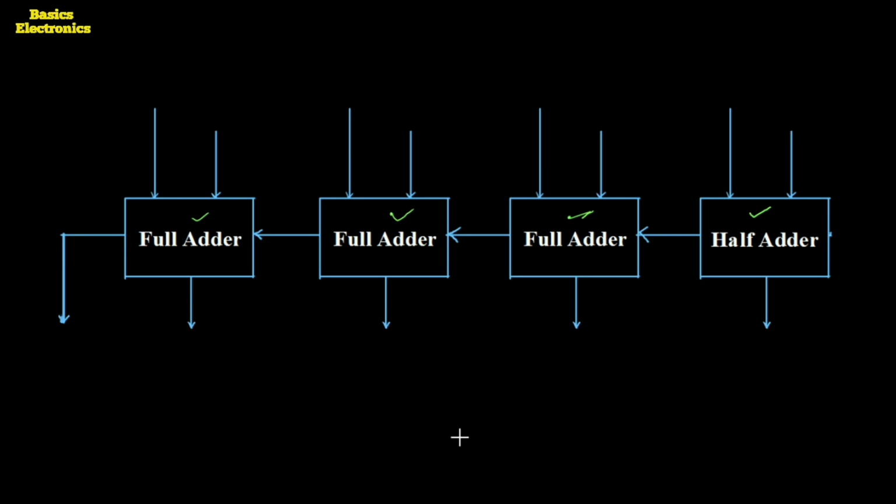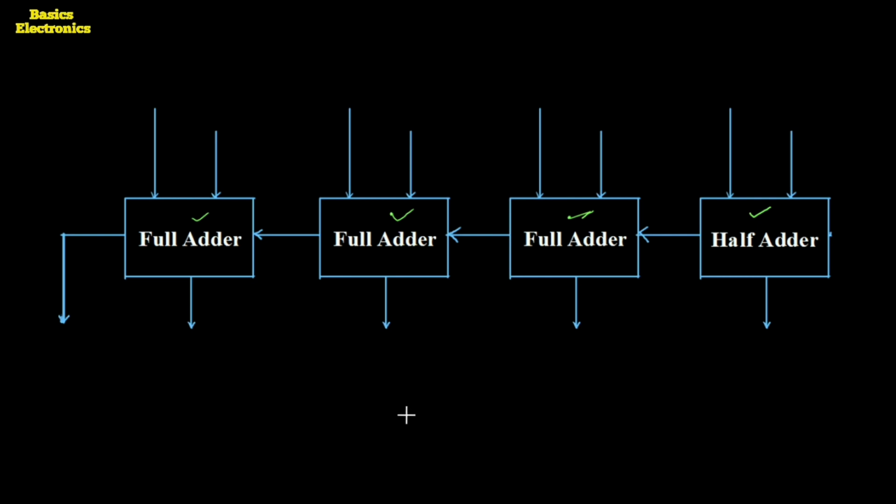So this is a block diagram, a suitable diagram for the construction of the 4-bit binary adder. This is the first type.